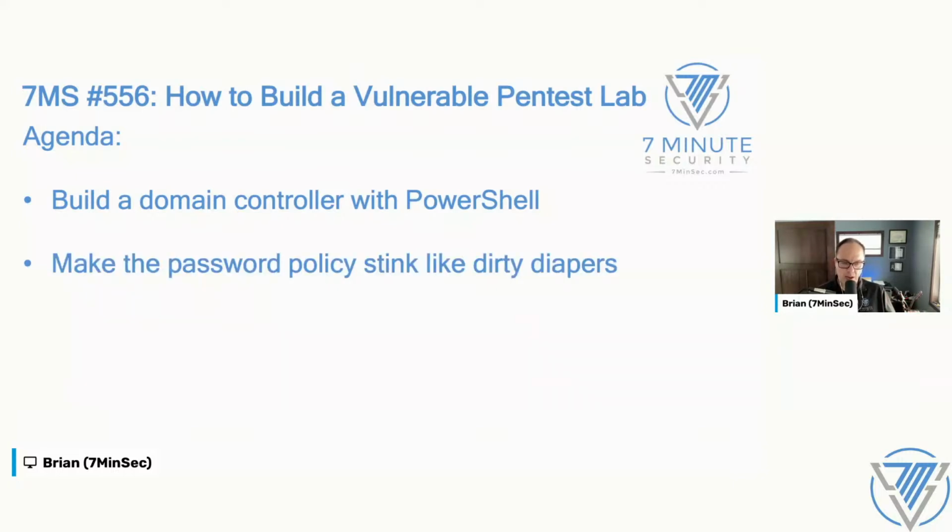Once the core Active Directory domain is stood up, we're gonna intentionally tinker with a password policy to make it really bad. Probably laughably bad to many people who will see this, but as I've shared before, I don't like to assume anything when I step into an internal network to test.